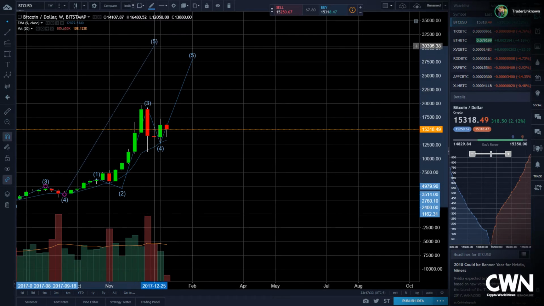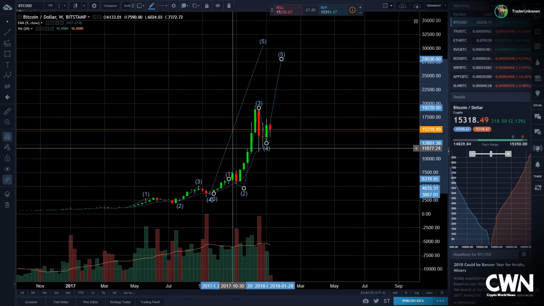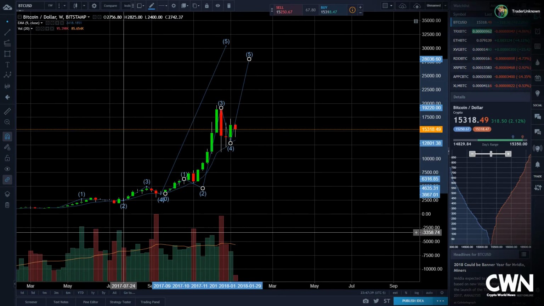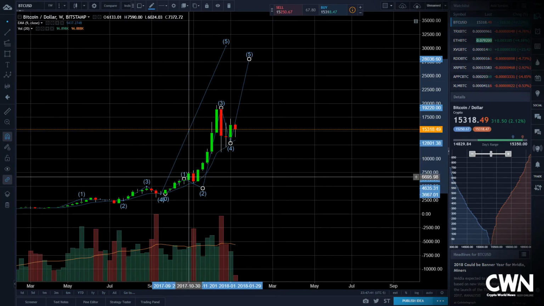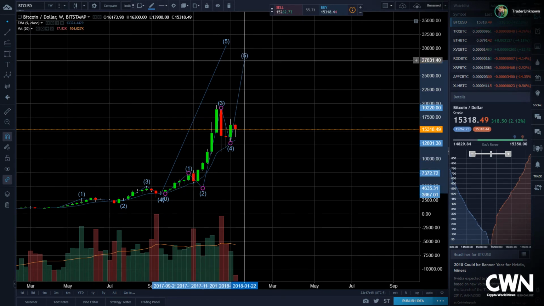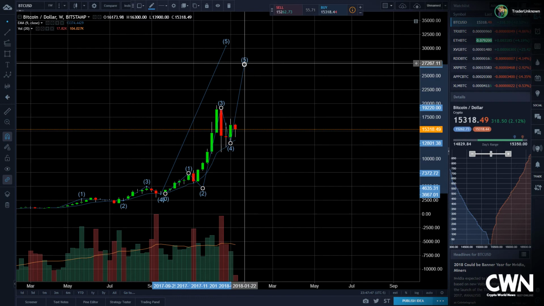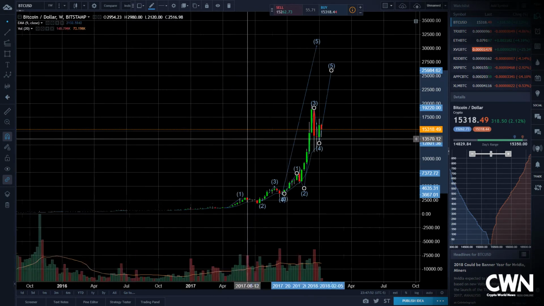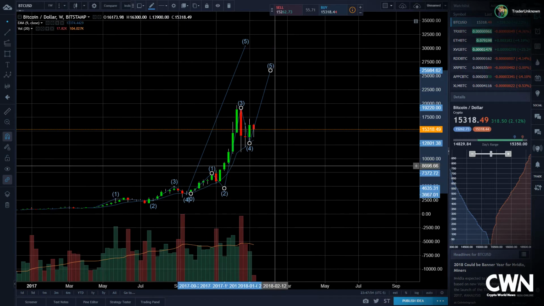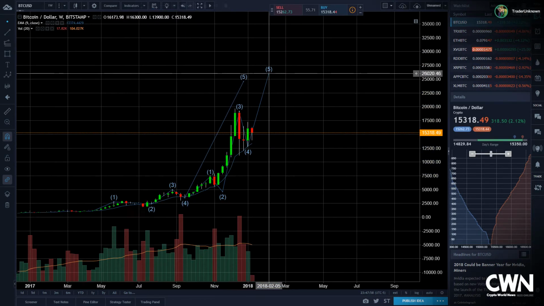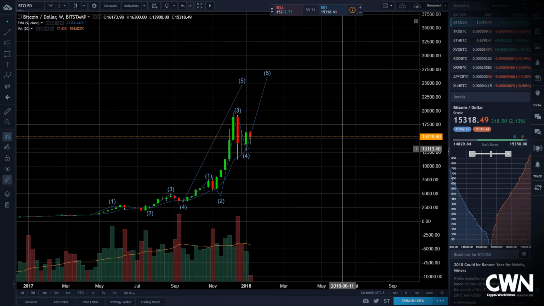I think this needs to go higher, as crazy as that sounds. That's kind of what it looks like. Real toughy. But I do think this could go higher, actually, just for our primary wave 3.